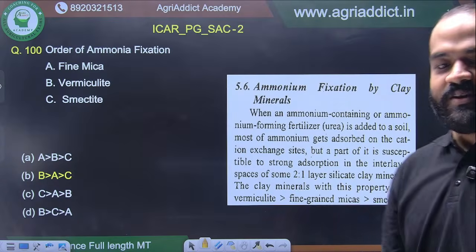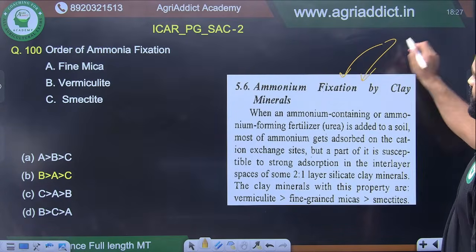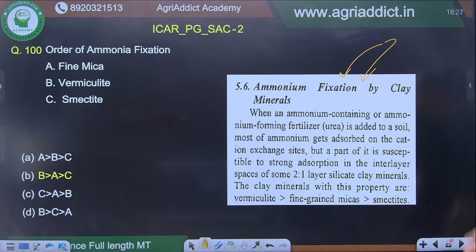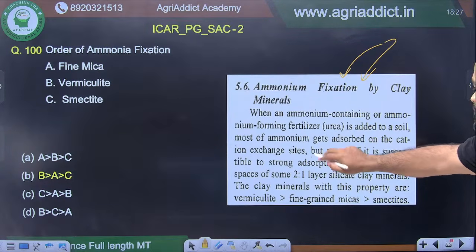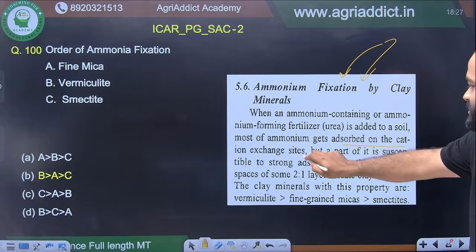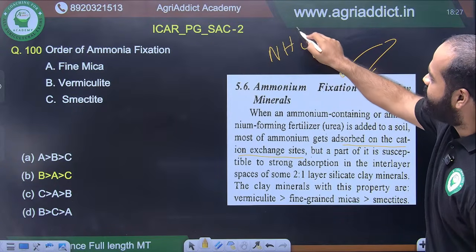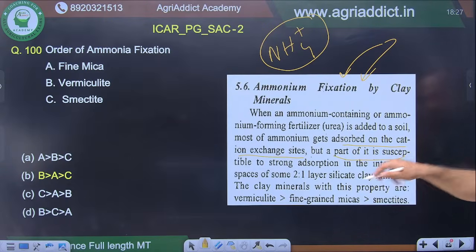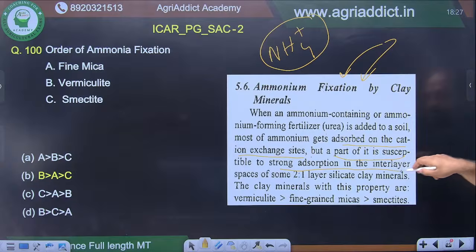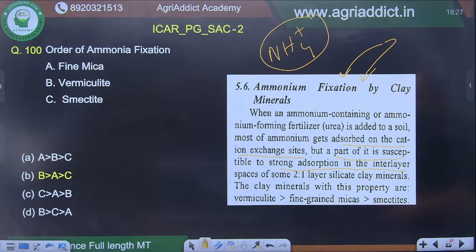Of course, we all know this has been taken from old ICCS. Old ICCS का page का photo है. When an ammonium containing mineral is added to soil, most of ammonium gets adsorbed on the cation exchange sites, because we all know ammonium is a cation. तो soil का जो cation exchange sites है उसमें जाके adsorb होगा. But a part of it is susceptible to strong adsorption, which is called ammonium fixation, which is one of the major ways of loss of nitrogen from agricultural soils.